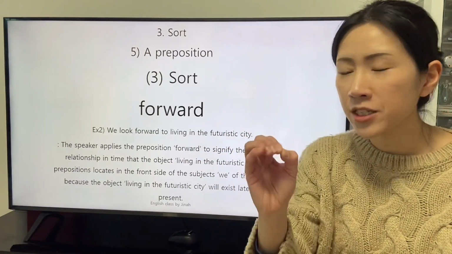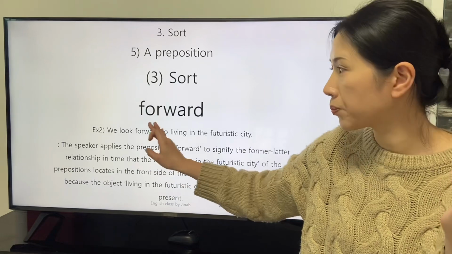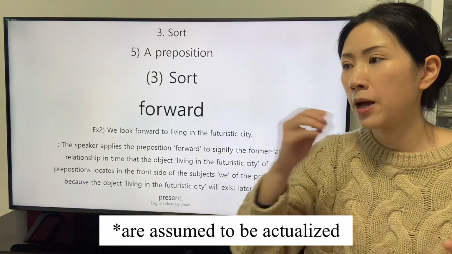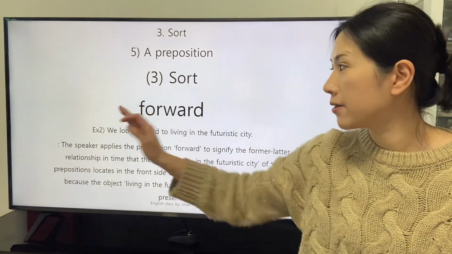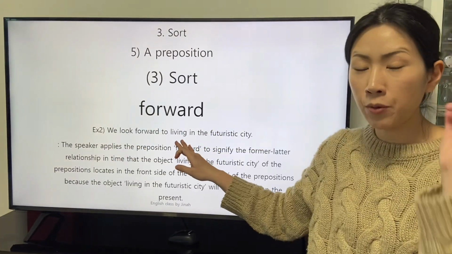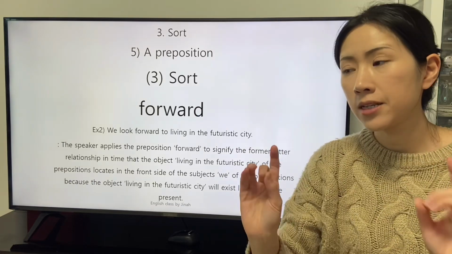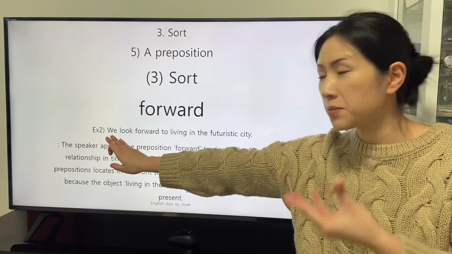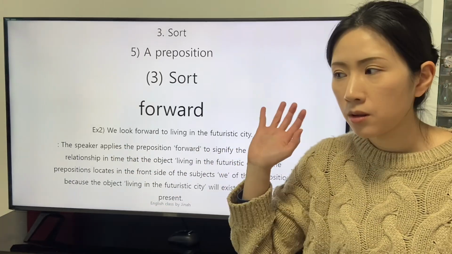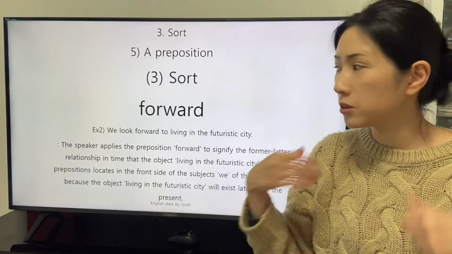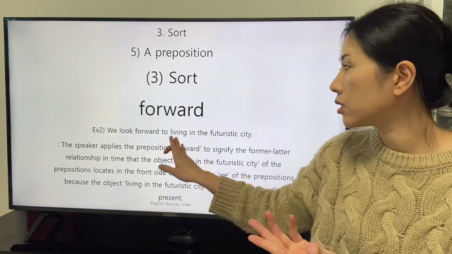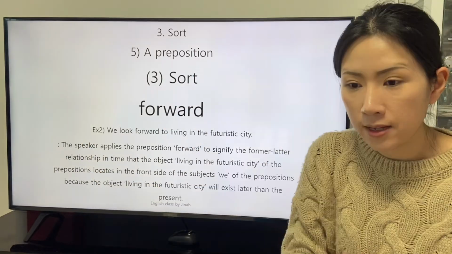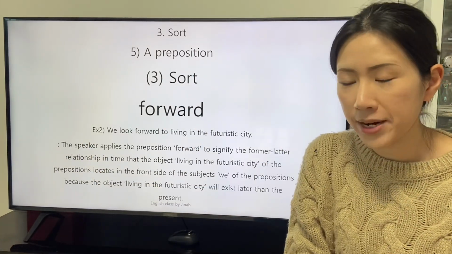Because of the definition of the preposition to, the purpose of the subject is later than the present. The gerund living indicates a period of time that the purpose of the subject will exist. Then we can figure out the purposed condition indicated by the gerund living will be actualized after the point at the present.